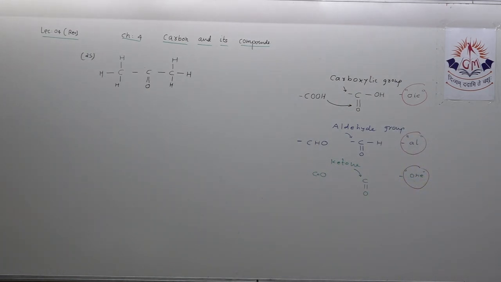In a fraction of time, try to guess what this structure in front of you is. You need to follow those golden rules which are going to help you. You have to first check the presence of a particular functional group. Then you can write it.